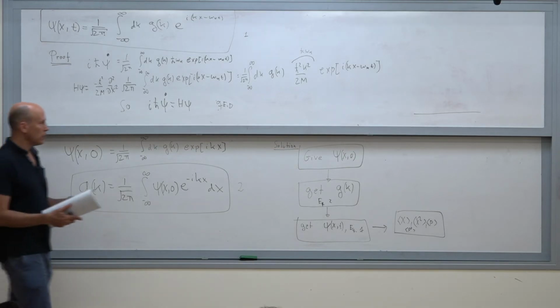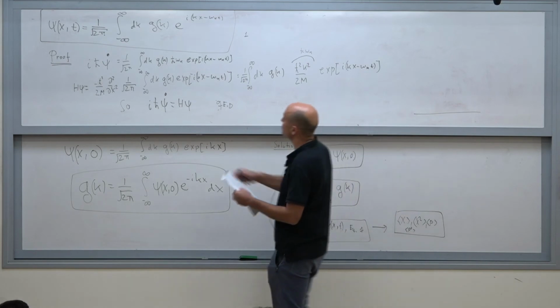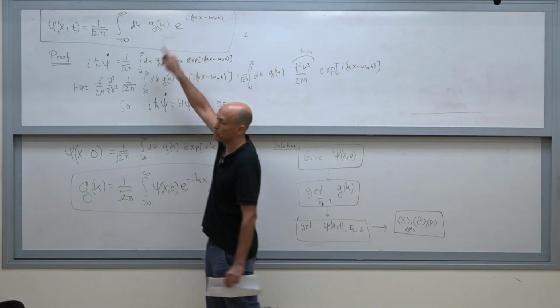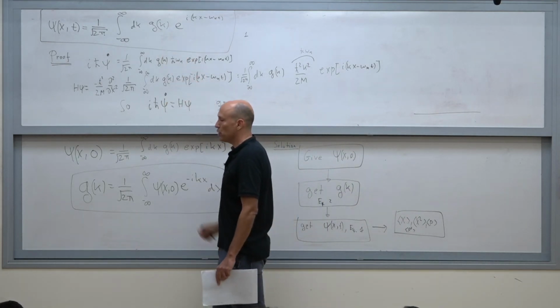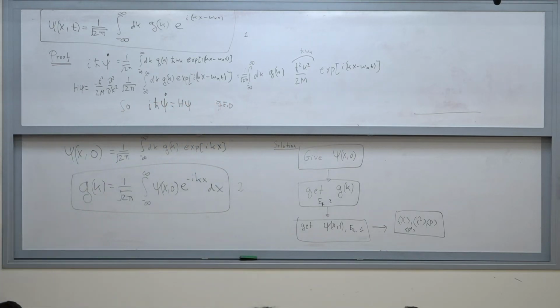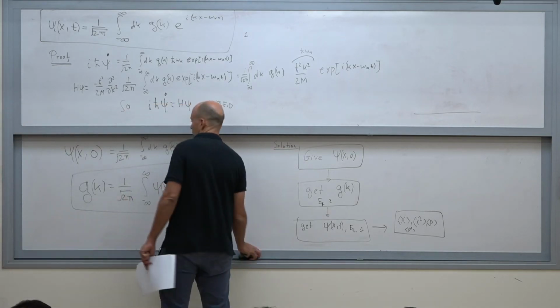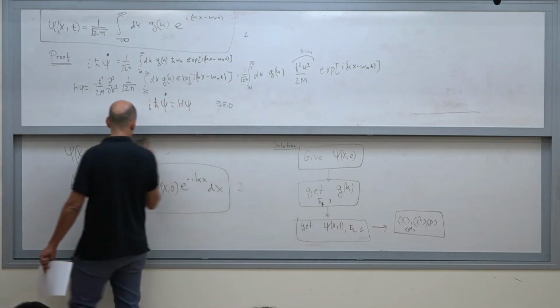Now, I explained what is g of k. I said it's the amplitude of each part of the waves. It's the strength of the different waves that you sum over. But g of k has a more fundamental meaning, and this I want to show you by playing a little bit with the average momentum, still very generally.